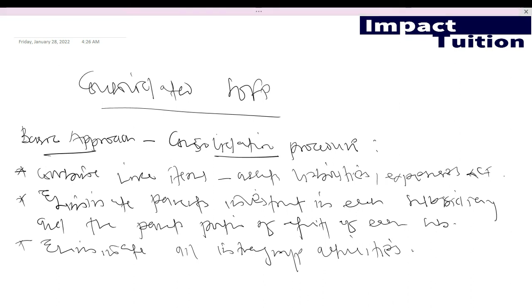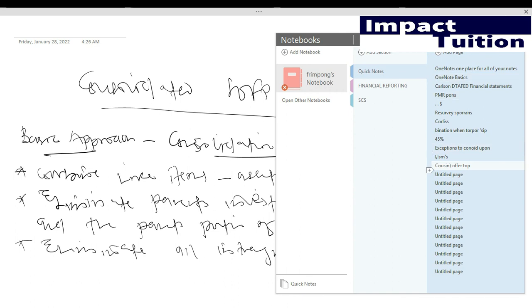Now when we are done with consolidation, we would see that the parent's cost of investment in the subsidiary in the parent's statement of financial position disappears in the consolidation. Each consolidated asset and liability is an addition of the parent and subsidiary's assets and liabilities. The share capital in the consolidated statement of financial position is always just the share capital of the parent. We should take note of this.